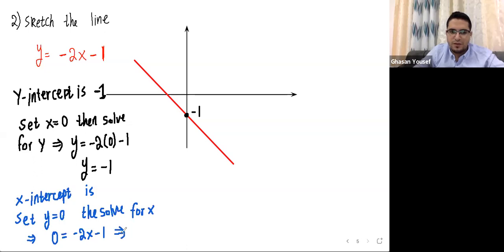Then we solve it for x. I add 1 to both sides, I get 1 equals minus 2x. Then I divide both sides by minus 2, this cancels out, and I get x equals minus 1 half. So this point here is minus 1 half.